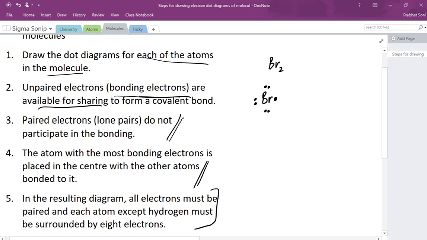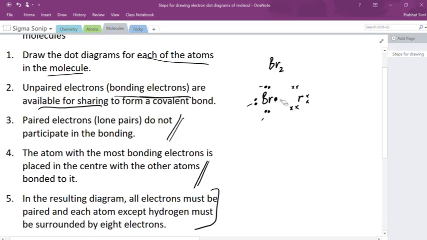The other atom of bromine, we see that in this electron dot diagram we got 3 lone pairs here, and they are not available for sharing, but there's a single electron here which is available for sharing. And likewise we would have another one as well, and I will draw them with crosses. So that one also has 7 electrons, and we see that both of them have 1 electron available for sharing.